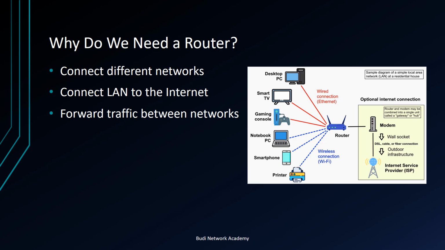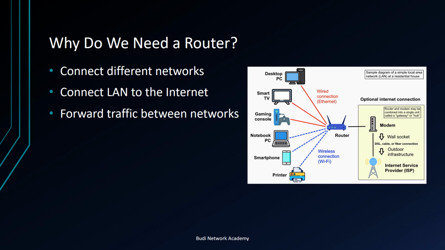Let's imagine our home network. We may have laptops, smartphones, smart TVs, and other devices connected to our local network. But what happens when we want to access a website on the internet? Our local network needs a way to communicate with another network.